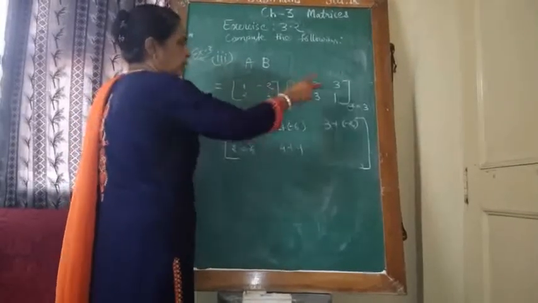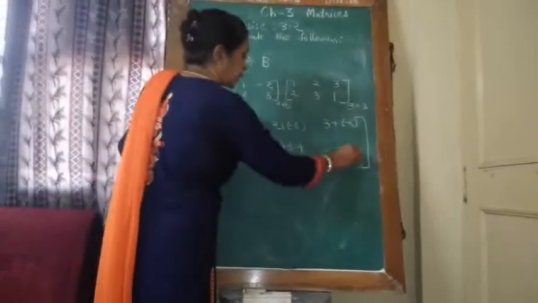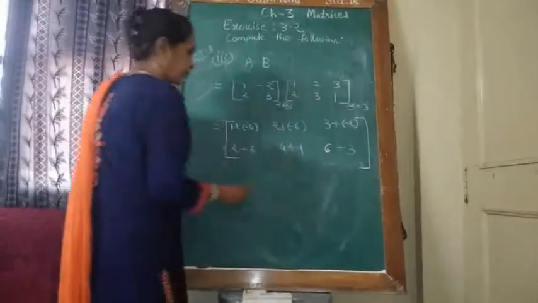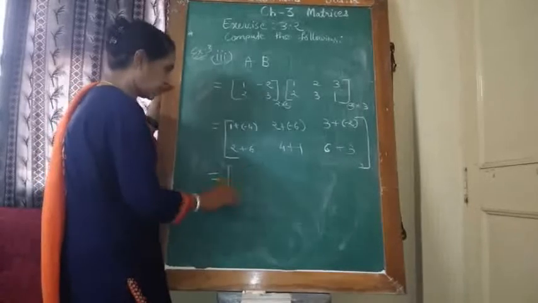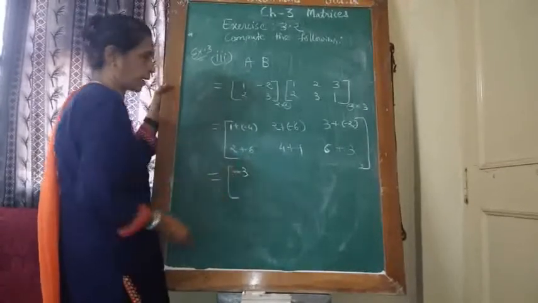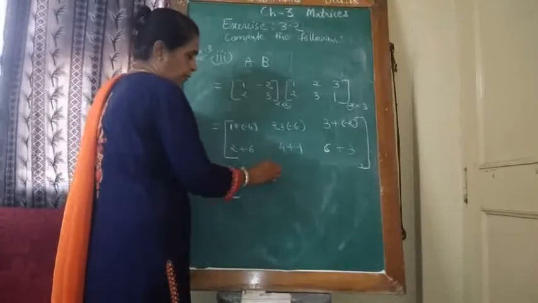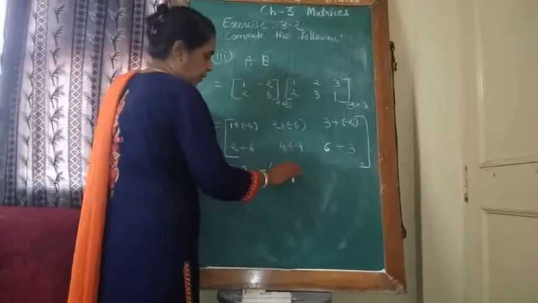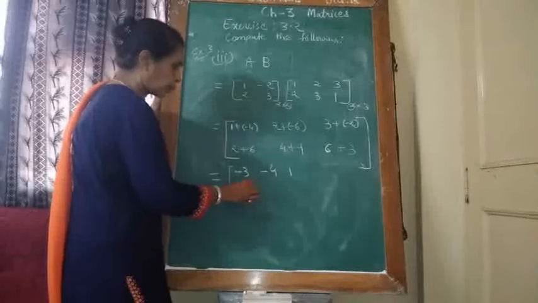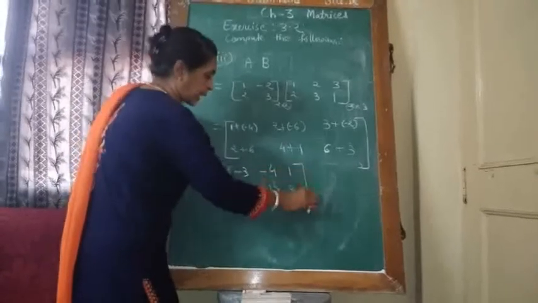Now second row, third column: 2 3 is 6 and 3 1 is 3. That is equal to 1 minus 4. Directly you write 1 minus 4 is minus 3, minus 2 minus 6 is minus 4, 3 minus 2 is 1, 2 plus 6 is 8, 4 plus 9 is 13, 6 plus 3 is 9.